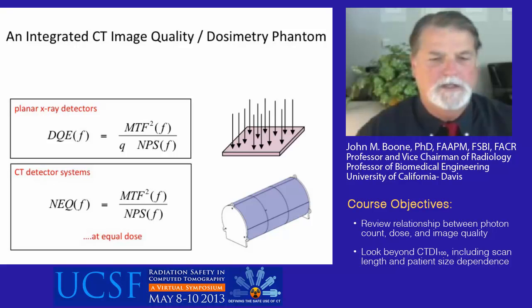We can't do that in CT for various reasons, but if we measure the noise or the noise equivalent quanta at equal dose levels between measurements, which is what this phantom allows, we can essentially come to the same utility as a DQE used in planar radiographic detector systems.